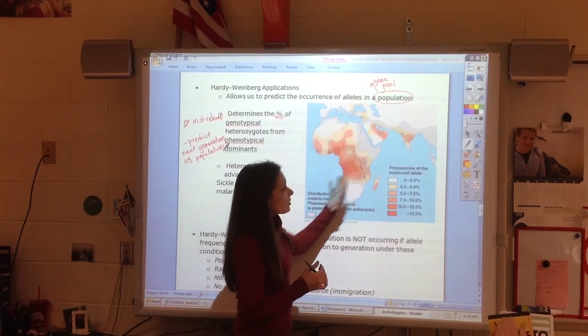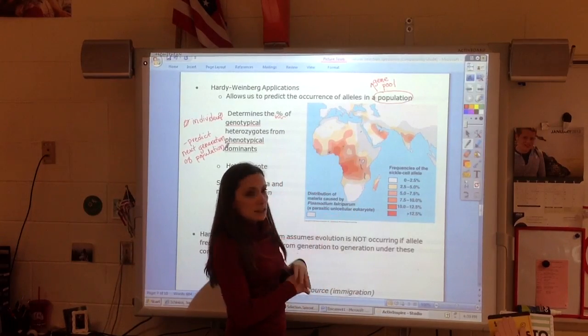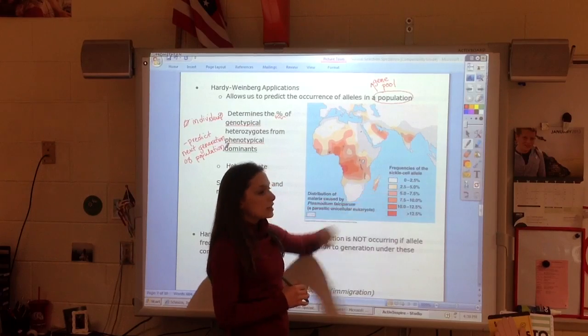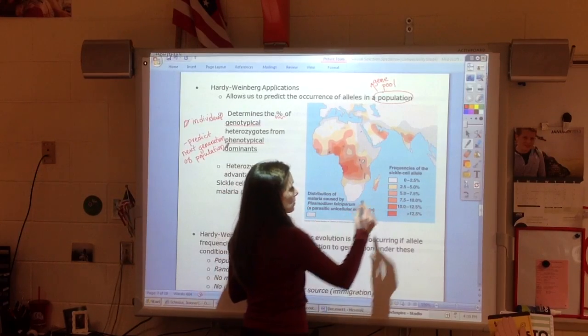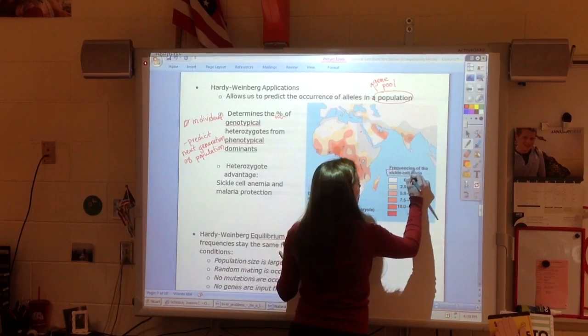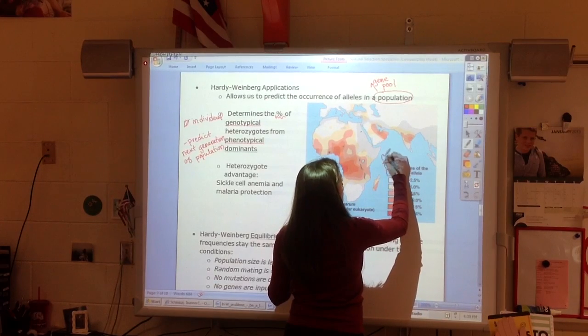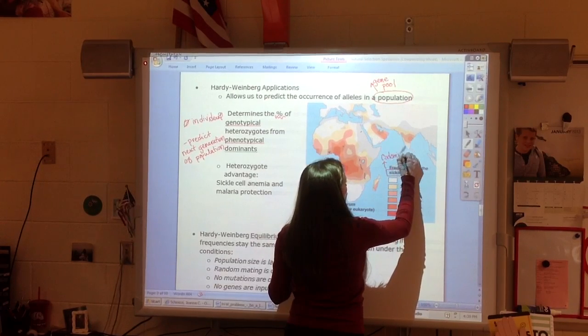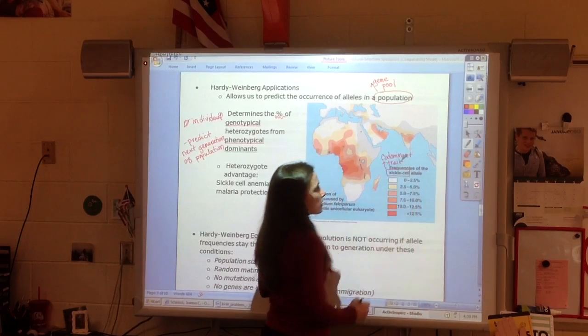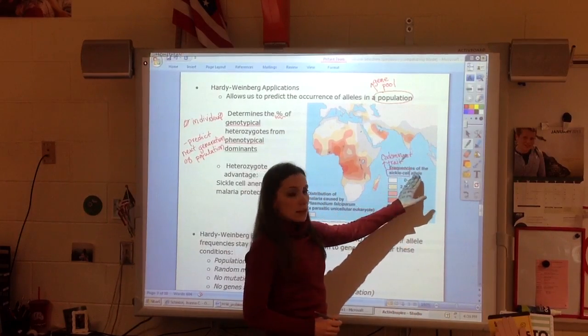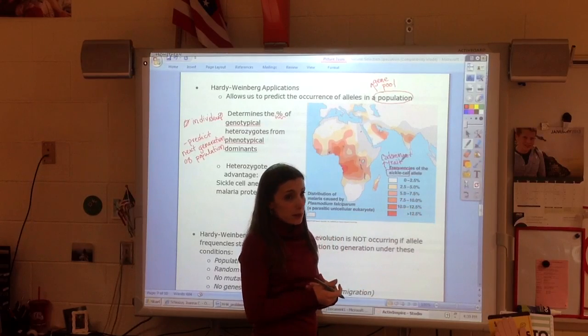So here's a really interesting set of data, and this is frequencies of the sickle cell allele. Now keep in mind that sickle cell is actually a co-dominant trait. And this allele is going to be the allele for the misshapen red blood cell.